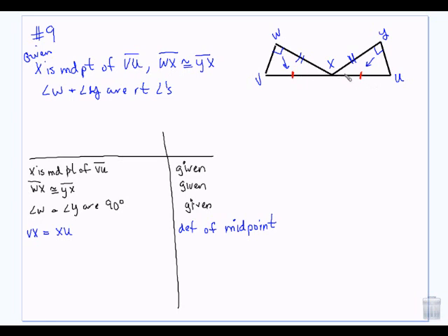My hypotenuses, whatever they are, are the same, right? So now do I have hypotenuse angle or a hypotenuse leg? Hypotenuse leg, yeah. So the triangles are congruent because of hypotenuse leg.